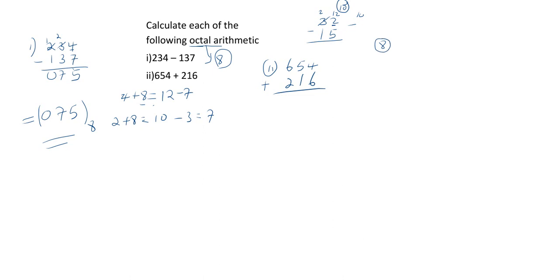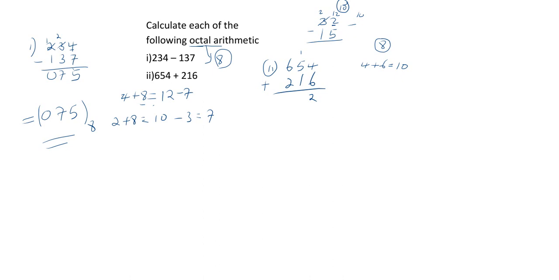So the first one is 4 plus 6. This is 10. So this is above 8. So what you do, you can take 10 minus 8, you get 2, and you write the 2 here. Then we carry 1.